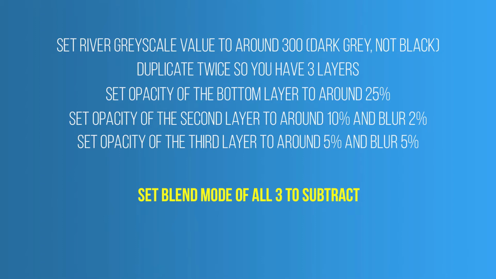Set the opacity of the third layer to around 5% and blur it around 5%. Then set the blend mode of all 3 to subtract. By doing this, you create a smoother riverbank, and you can experiment with different settings to get the look that you're after.